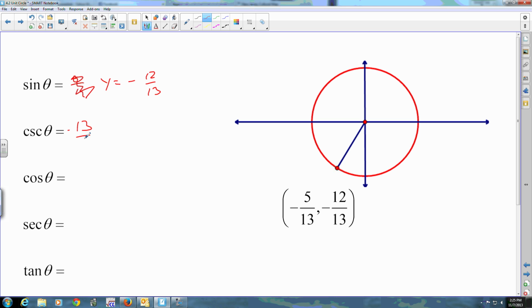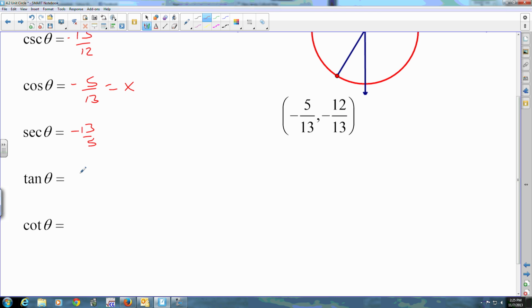Cosecant, the reciprocal: negative 13/12. Cosine of this angle? Negative 5/13 because it's your x value. Secant is just the reciprocal of that cosine, so negative 13/5. Tangent is your y over your x, so negative 12/13 divided by negative 5/13, which becomes negative 12/13 times negative 13/5.